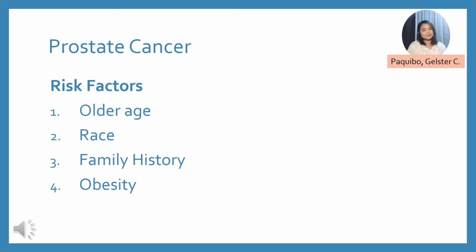And lastly is obesity. People who are obese may have a higher risk of prostate cancer compared with people considered to have a healthy weight. Though studies had mixed results, in obese people, the cancer is more likely to be aggressive and more likely to return after initial treatment.